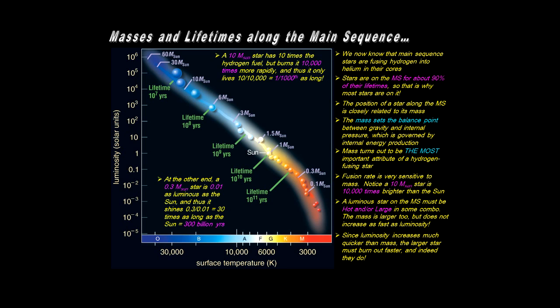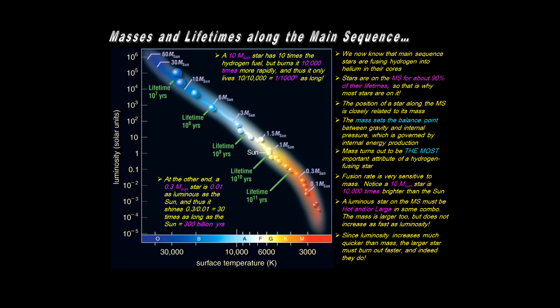At the other end of the spectrum, if you have a star that's only, say, 0.3 times the mass of the sun, it has a luminosity that's only 1/100th the luminosity of the sun. So it's burning its fuel much, much slower than the reduction in mass would indicate.